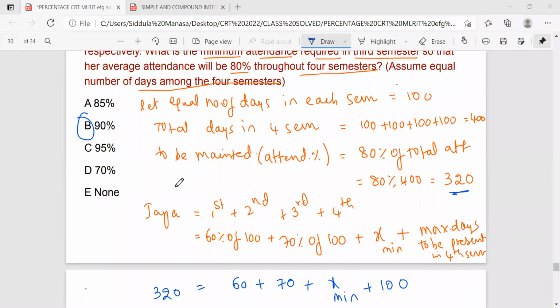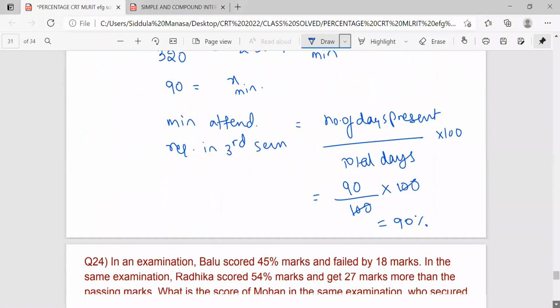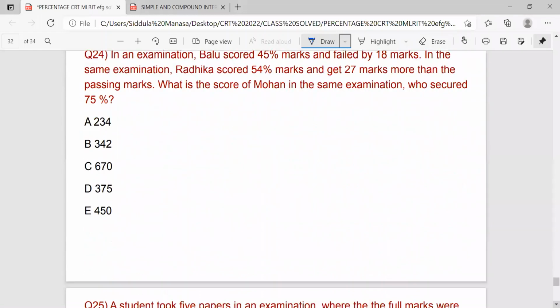Okay. So I'm moving to the next question. So move to question number 24. So question number 24, this kind of question we already discussed. I'm expecting an answer from your end. I'm just going to explain the question. In an examination, Balu scored 45% of the marks and still failed by 18 marks.